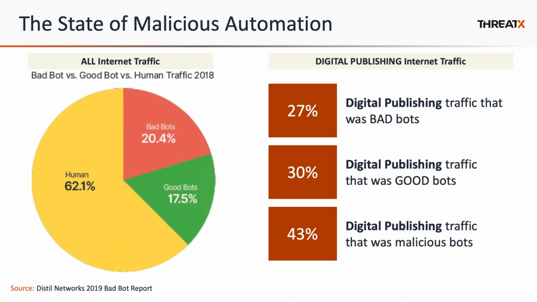And when you start looking at this, it's not just humans bashing on keyboards, right? As we automate our workflows to move content through our production cycles, the bad guys are using automation as well. And what's interesting is that when you look at automation and what's going on there, it's not just a good bot versus a bad bot.